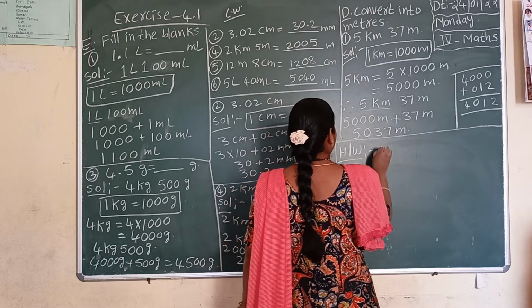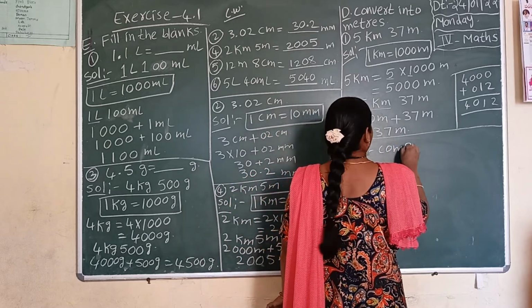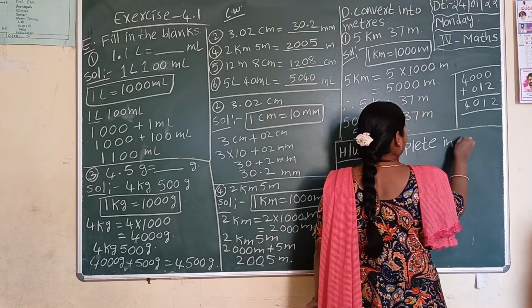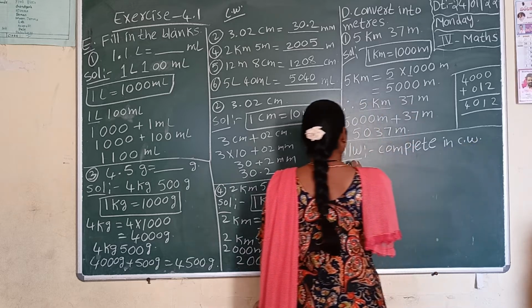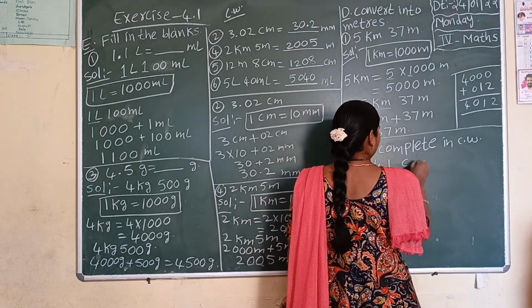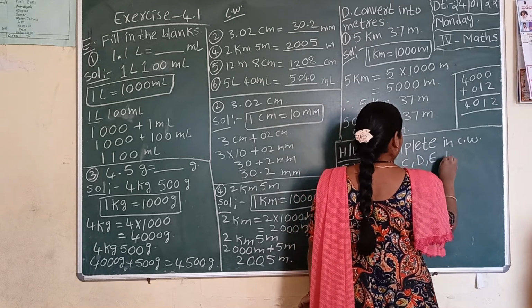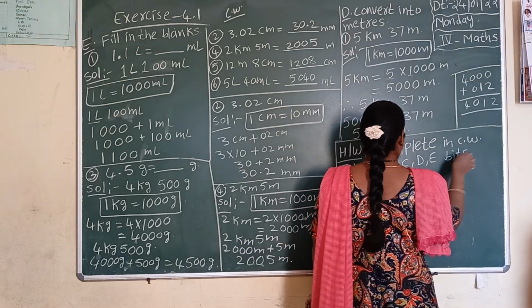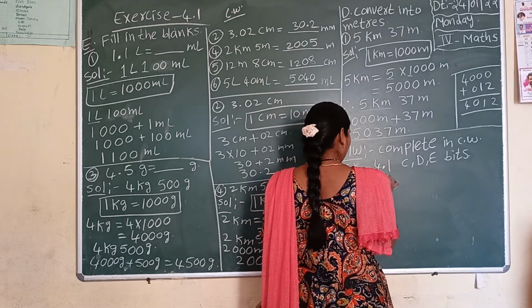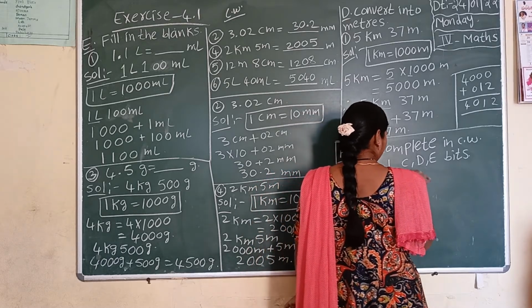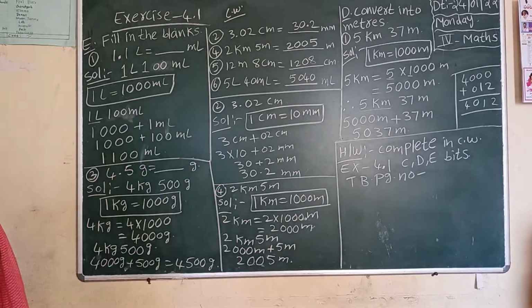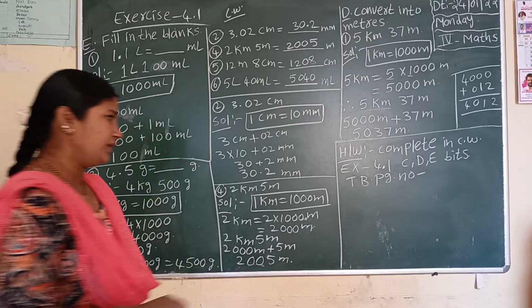Today your homework is to complete in class 1 exercise 4.1 C, D, E bits, textbook page number 101 and 102.